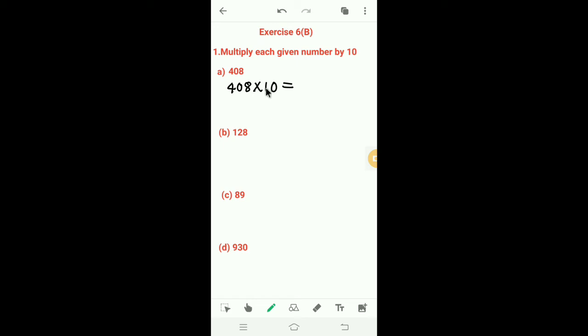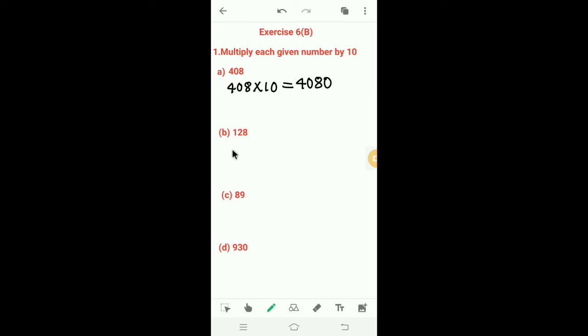If you multiply any number by 10, then write given number as it is and add 1 zero at the right side of the number. 408 into 10 is equal to 4080.